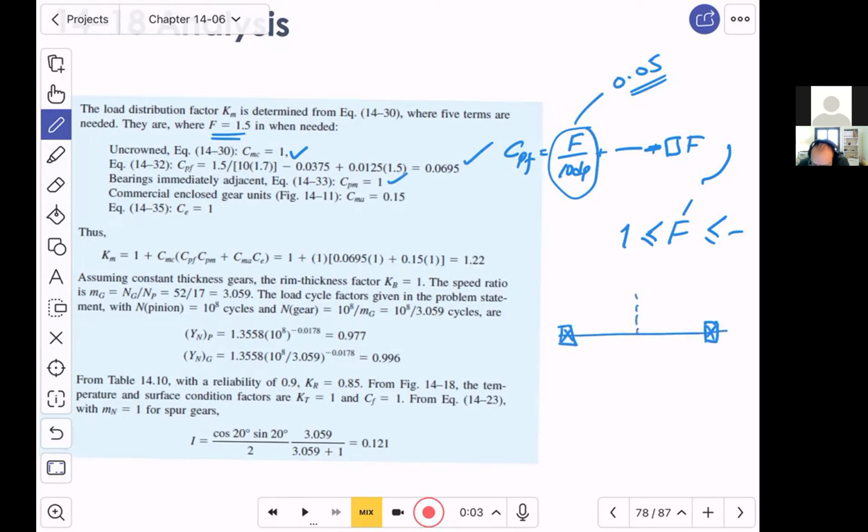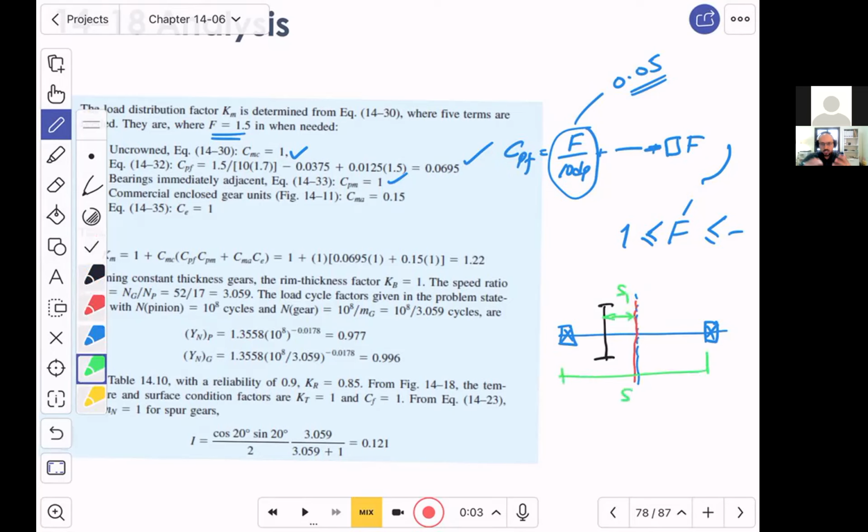Now, if the gear is not sitting on the midspan, and the gear is sitting right there, then the distance over here, which is called S1, divided by S, is going to determine the value of CPM. It is common to say, if you read that the two bearings are adjacent, it means, as an exaggeration, that one bearing is here, the other one is here, and this is the shaft.